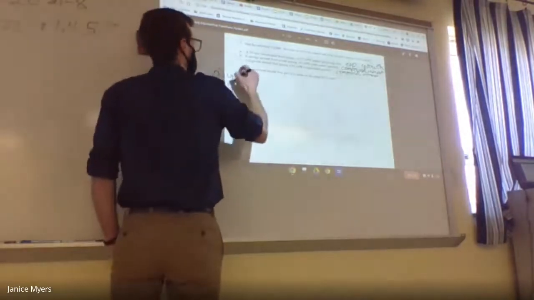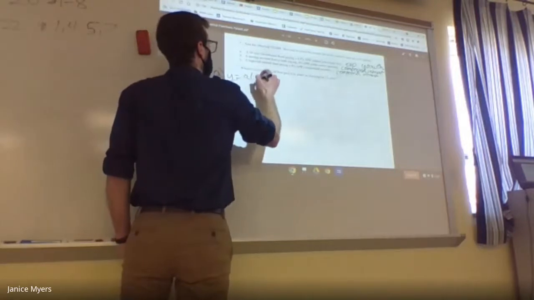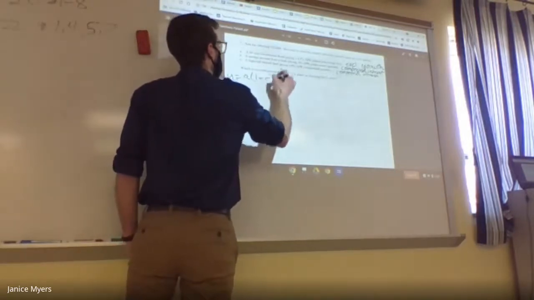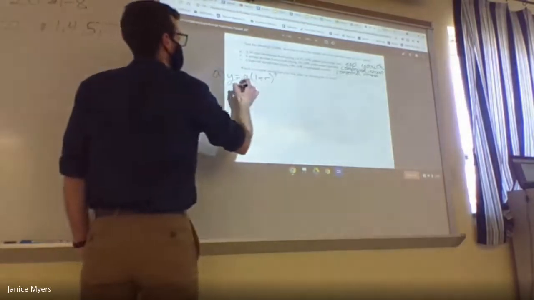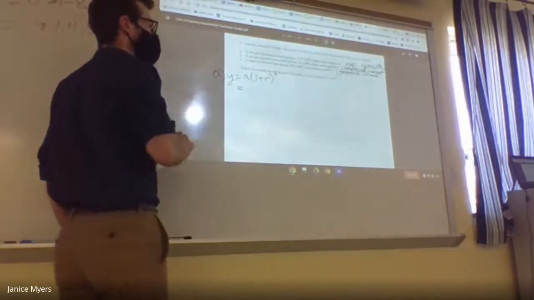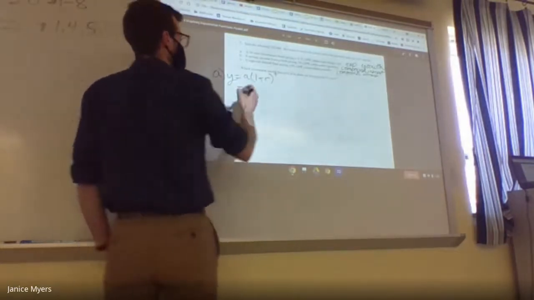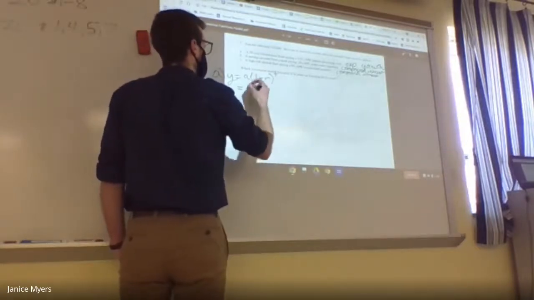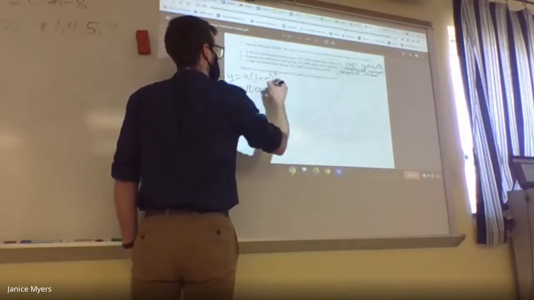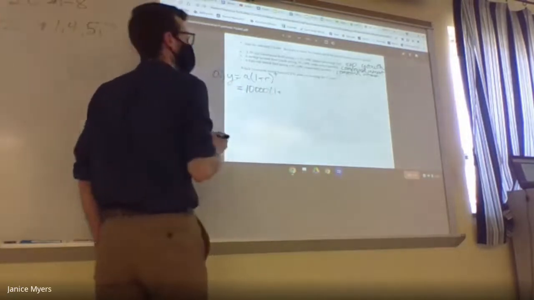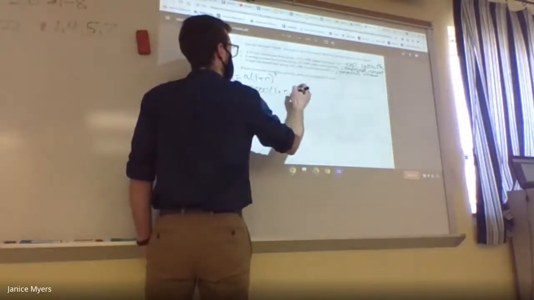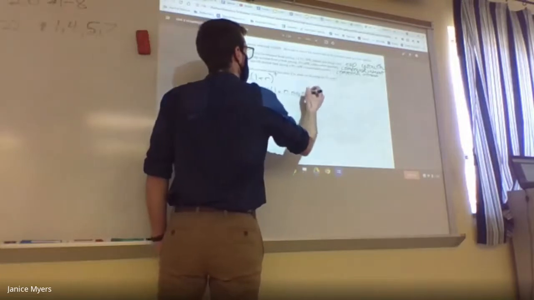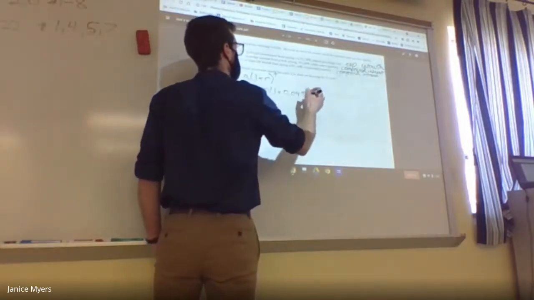So, starting with A, we know we're going to use the exponential growth formula. So our formula is y equals a times 1 plus r to the t. So what's our formula going to look like? It's going to look like 10,000, parentheses 1 plus 0.045, parentheses, power 10.